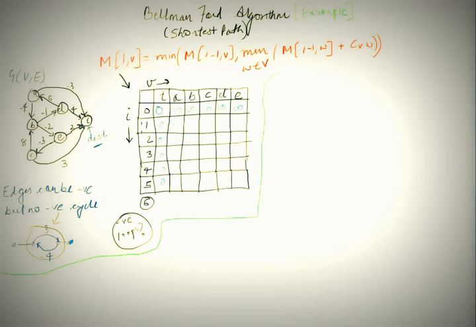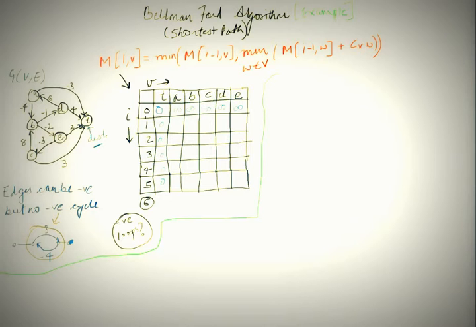And this is the matrix. The columns of the matrix are the nodes of the graph, and the rows, this i that is written here, you can think of as the iteration, or the number of edges required to go from the source node to the destination node, which is T here.